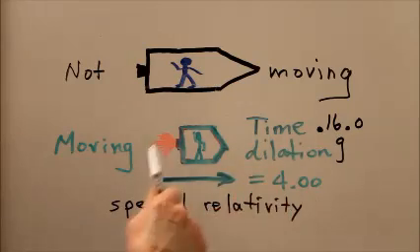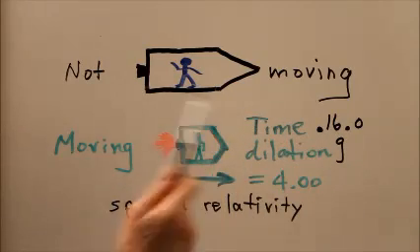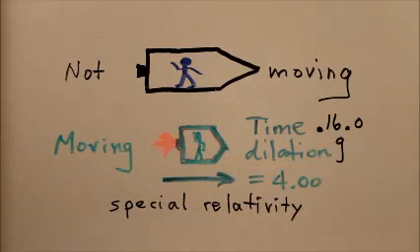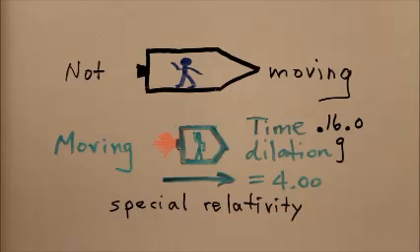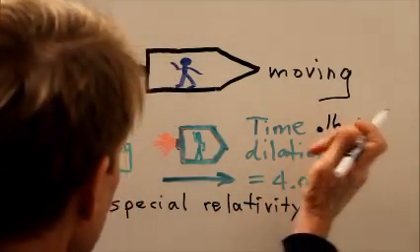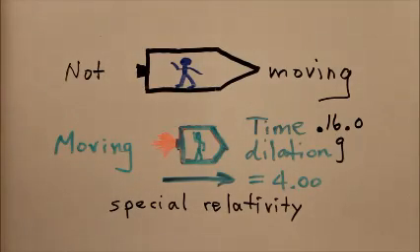The relative speed between the meteoroid and the ship is going to be the same as the relative speed between the ship and the meteoroid. So when that thing hits, it's going to experience the same relativistic effects as we would get with a time dilation factor of 4.00.